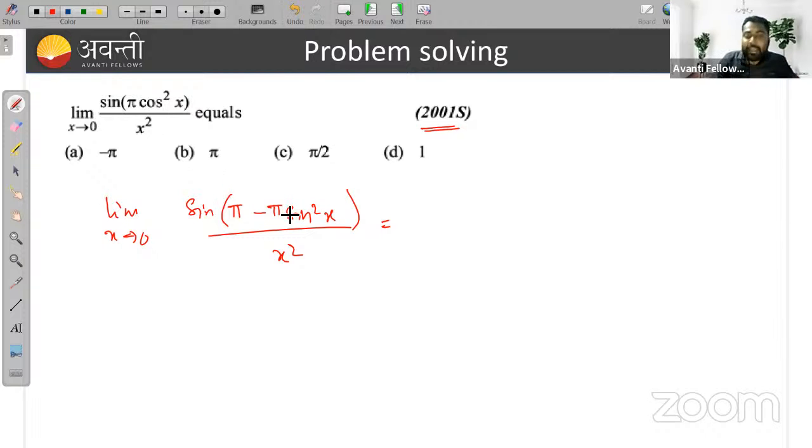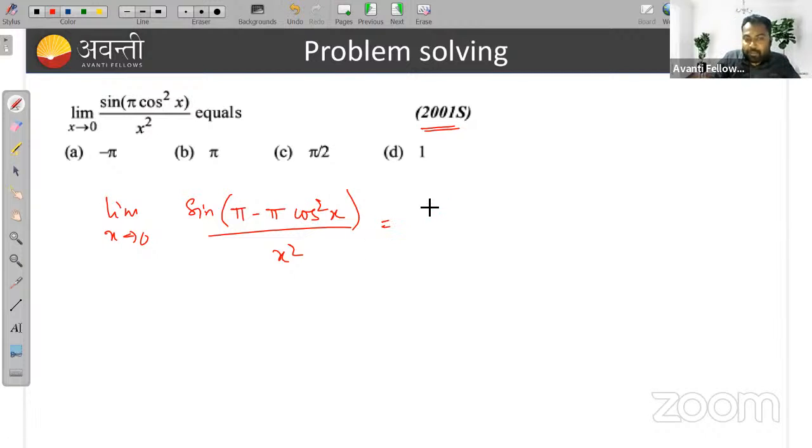So we can write sine of pi minus pi cos square x, right?